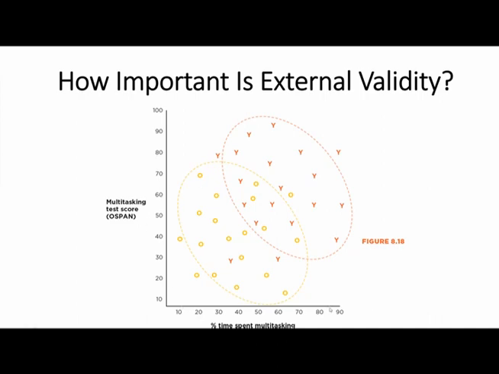So we're going to look at another one of the examples we mentioned early on, which is the multitasking example. This is the idea that people who multitask more often, who spend more time multitasking, tend to do less good at it. And so we're only going to consider, let's consider the yellow dots for now.